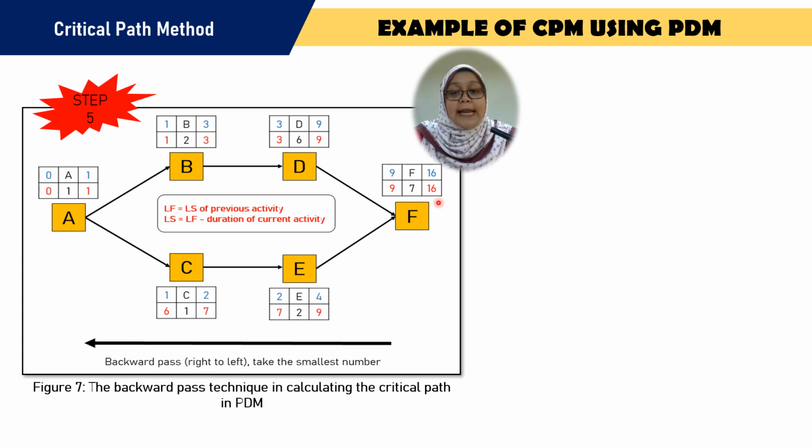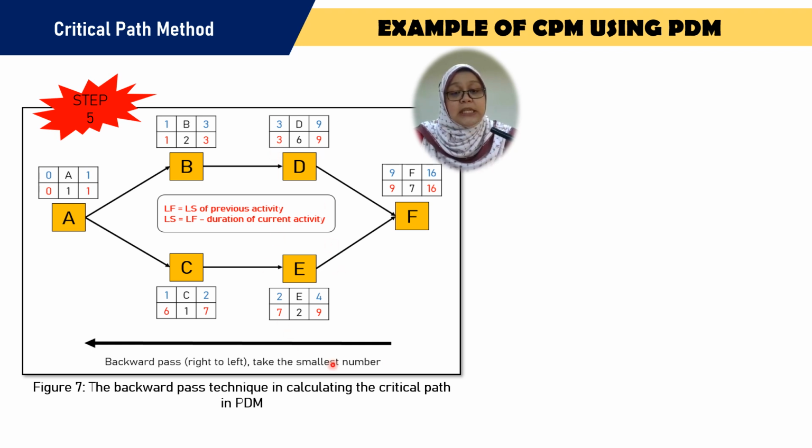The late finish is 16, and we subtract the duration of the current activity, we get the late start is 9. Then for activity D, the late finish is 9 because it comes from activity F. Subtract the duration of activity D, which is 6, so we will get 3.